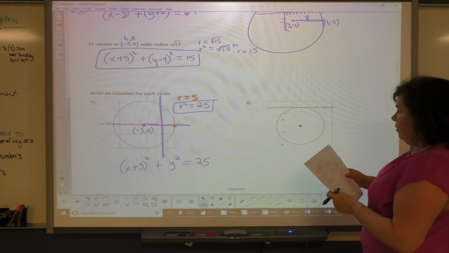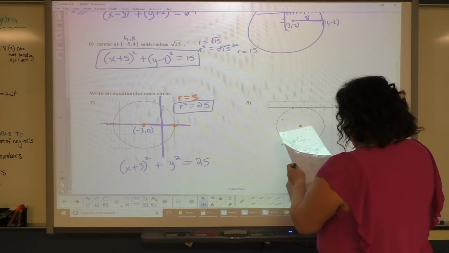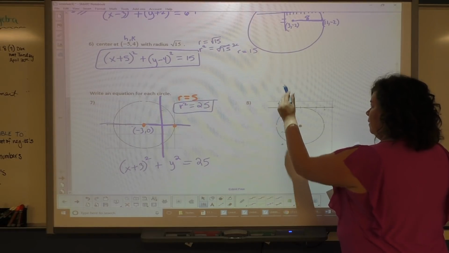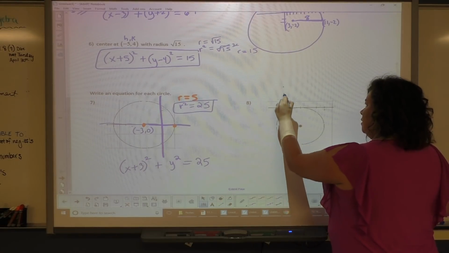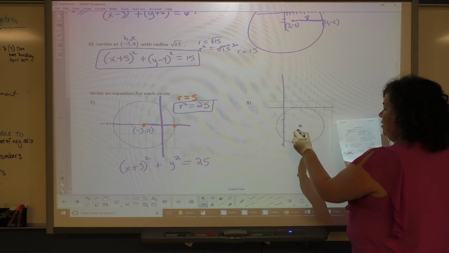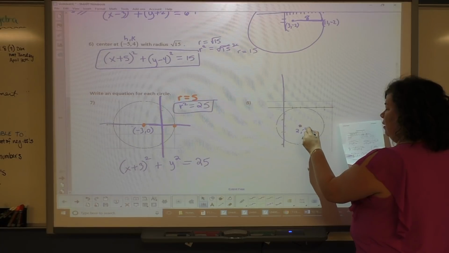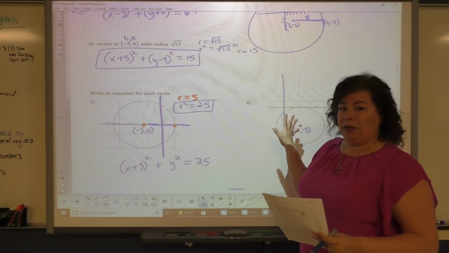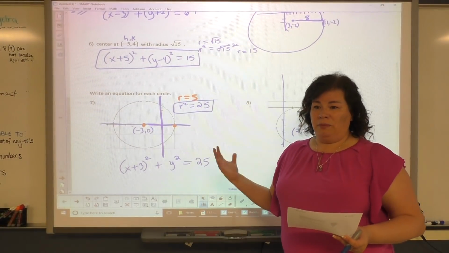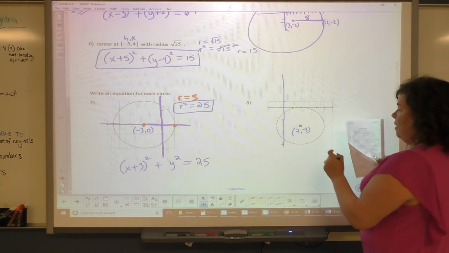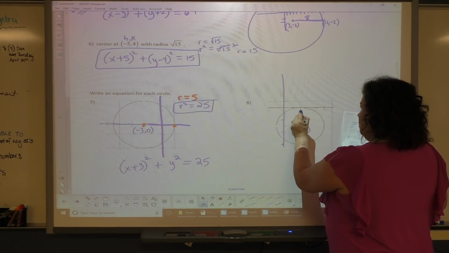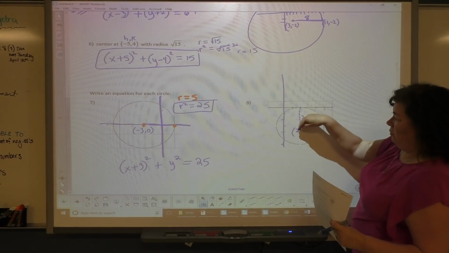All right. Here, wow, the graph's just looking more confusing as we go along. So here it looks like this is our line, and it looks like this center is at (2, −3). If you can't see that, trust me, it is. On your homework, your grids are going to be a lot more clear. And then the radius. If I go straight up, this is 3 units long because I went 3 units down.